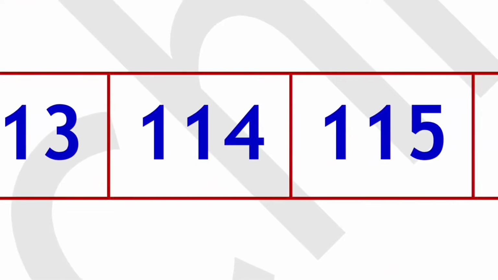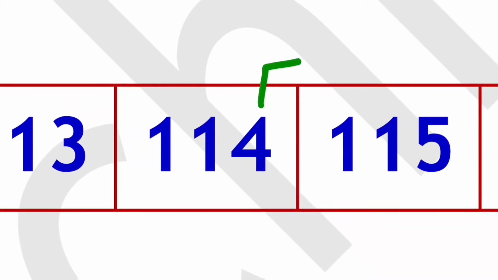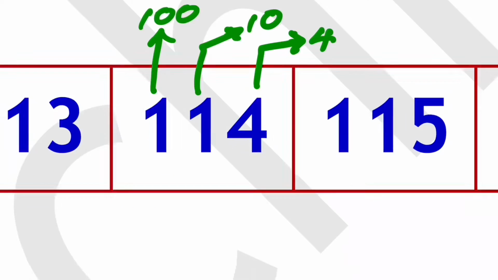Take this number. 4 is in unit positions representing 4. This one is in tens representing 10, and the other one is in hundreds representing 100. Though it is the same digit, the place value differs depending on where it appears.